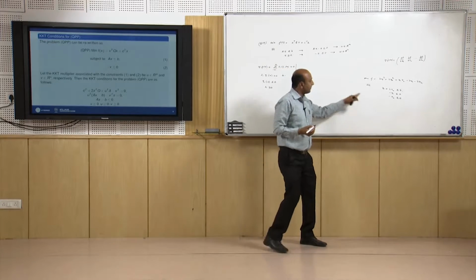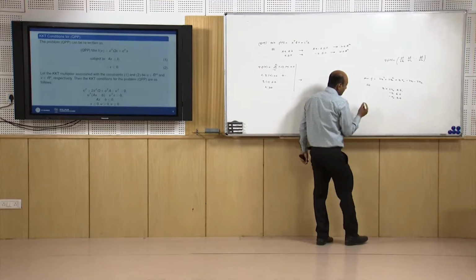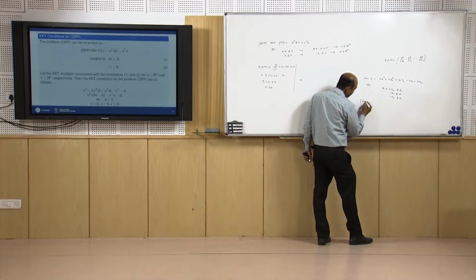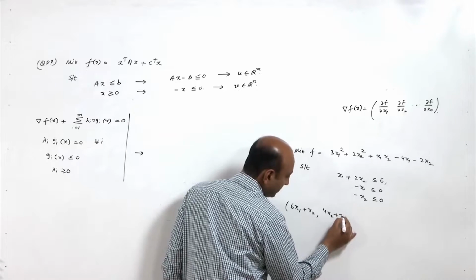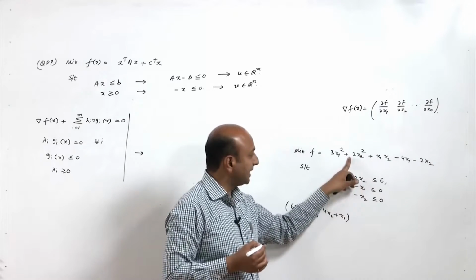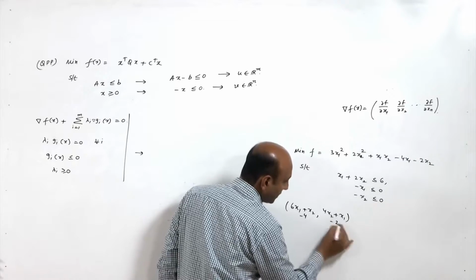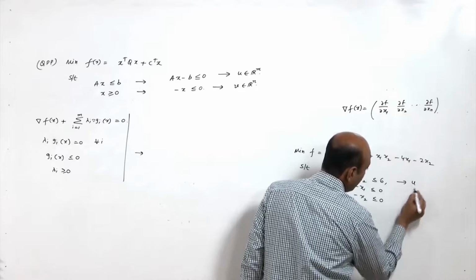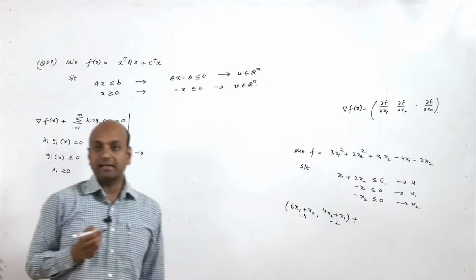Writing these KKT conditions, we will then write the KKT condition for the general QPP. So what will be the gradient of f(x) for this problem? It is 6x1 plus x2, then 4x2 plus x1, that is del f by del x1 and del f by del x2, and of course minus 4 and minus 2, plus now we are taking u here and v1 and v2 here. These are the KKT multipliers.